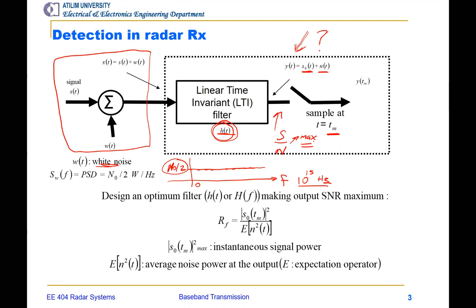So we can write the SNR at the output of the filter as the magnitude squared of s0 of Tm divided by the expected value of the noise power. So we'd like to maximize this. And you might remember this from the communication systems course. This simply goes to the matched filter.